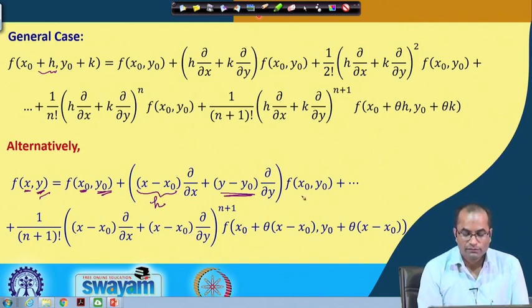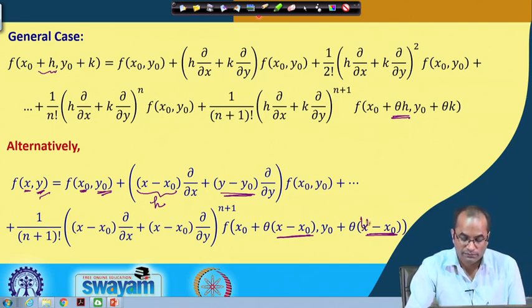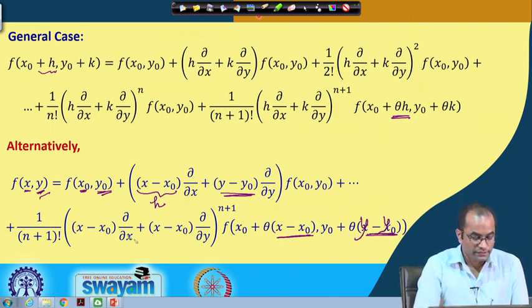The rest everything will be the same, only here it was theta h, so now it is theta times x minus x 0, and y 0 plus theta times y minus y 0. The rest everything will remain the same.